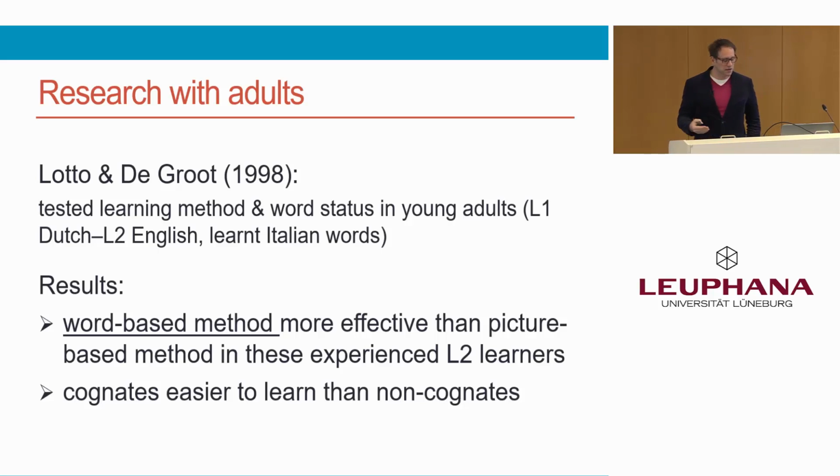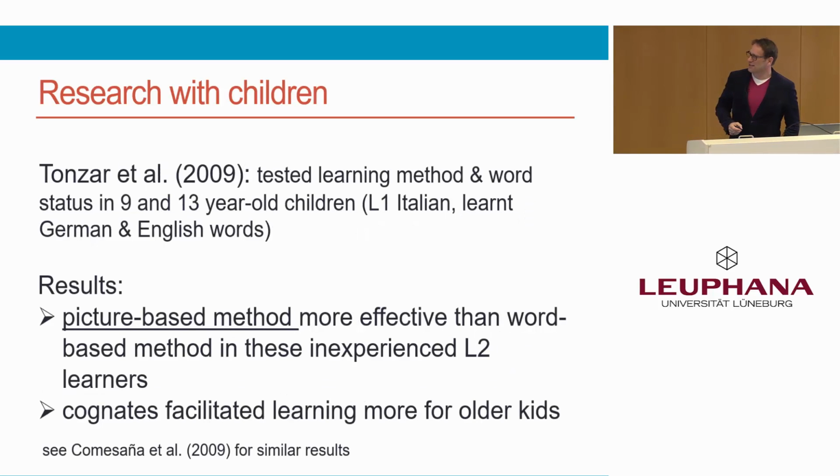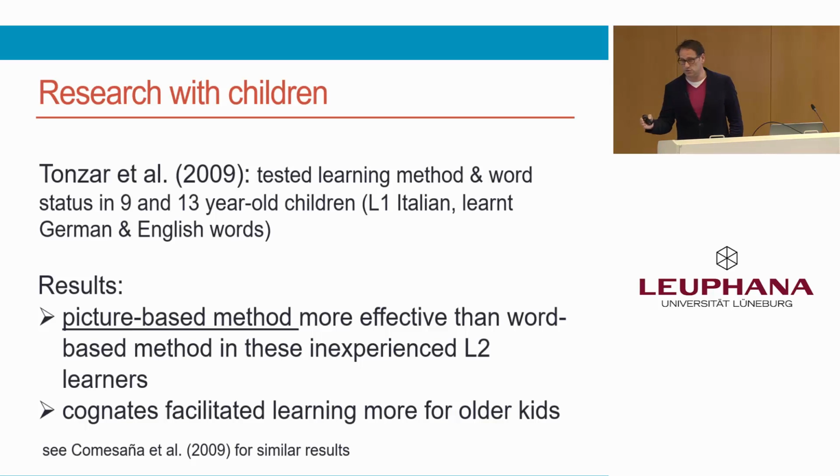Good. The cognates versus non-cognates, I understand. Word-based method versus picture-based method, don't know. A few years later, 10, 11 years later, Tanzer and colleagues ran something very similar, but now with young children. And these were L1 Italian kids who were learning both German words and English words. And there were two groups, 9-year-olds and 13-year-olds, to also see whether age made a difference here.